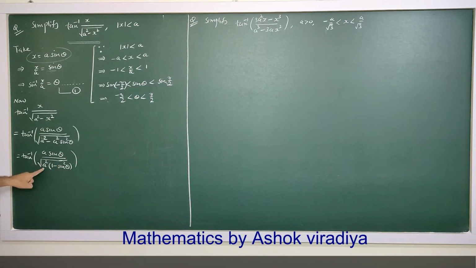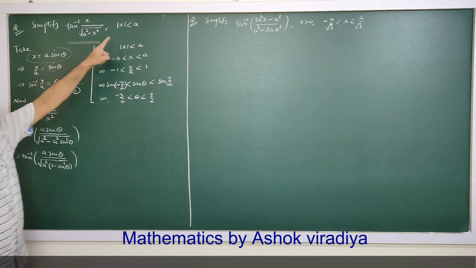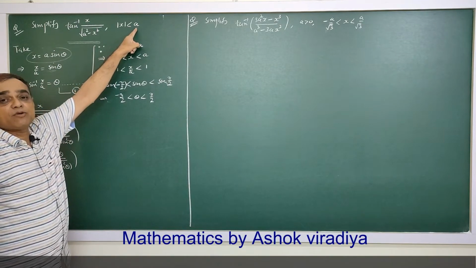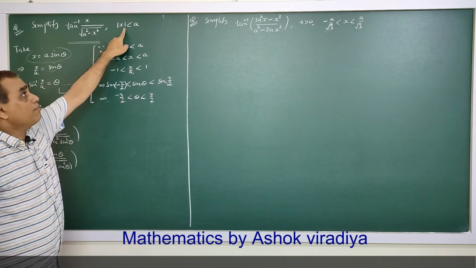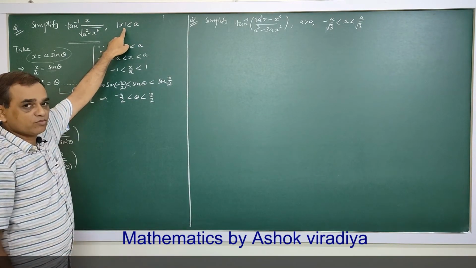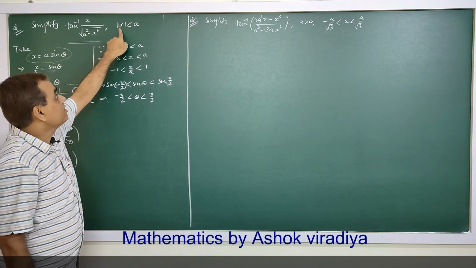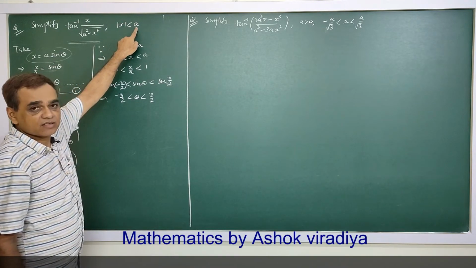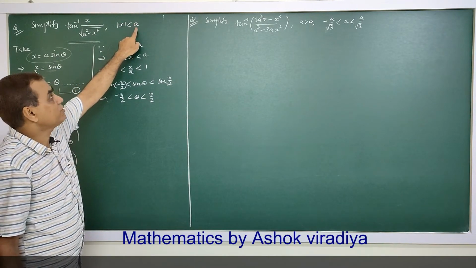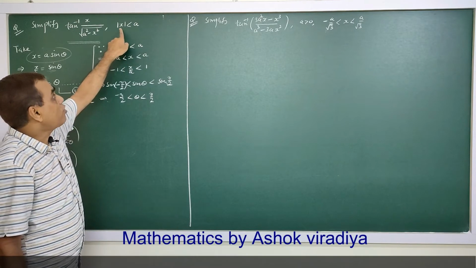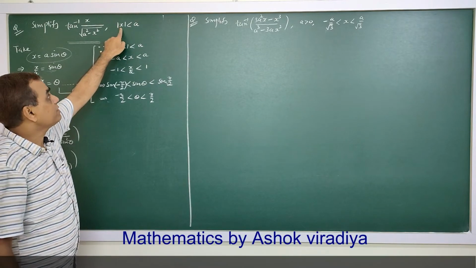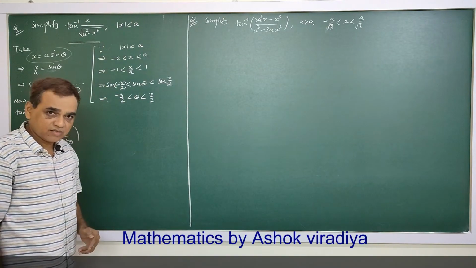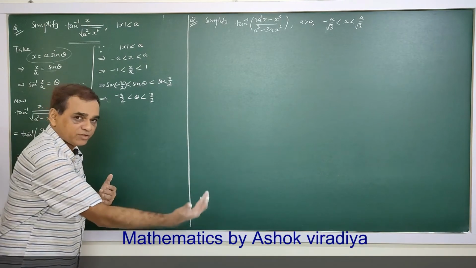Now see, a is positive. How can we say a is positive? Because this is a modulus, and modulus is always positive. Modulus x is itself positive, and this positive number is less than a. It is true only if a is positive.